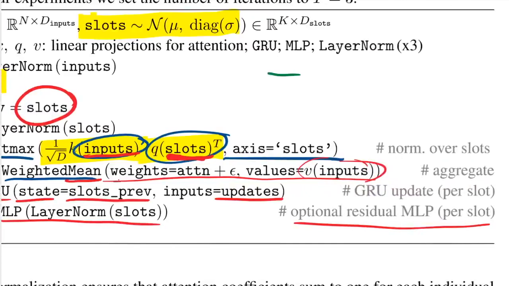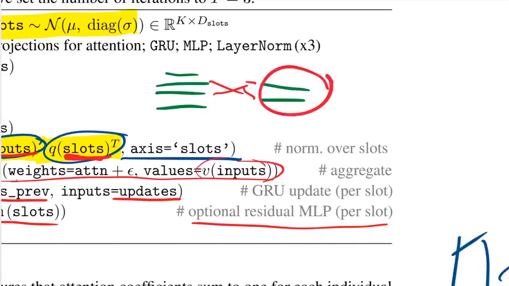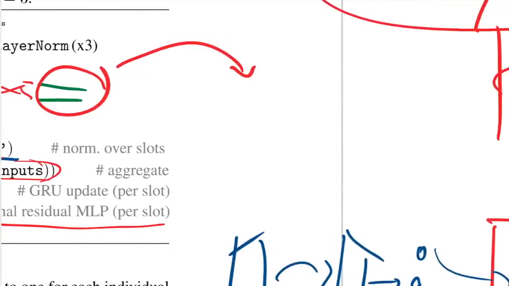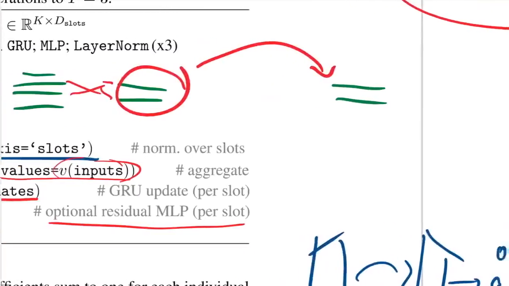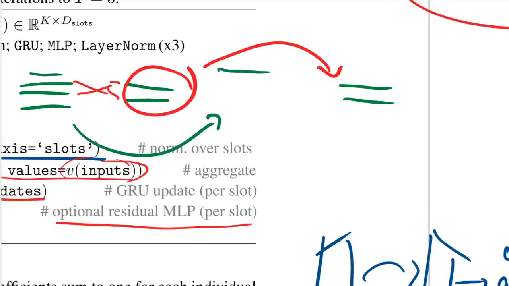Okay, so first of all, you'll have the features and you'll just have random slots. And then you do a bit of routing. Cool. You update these slots to be the next set of slots. And then you take the same features and route them again.